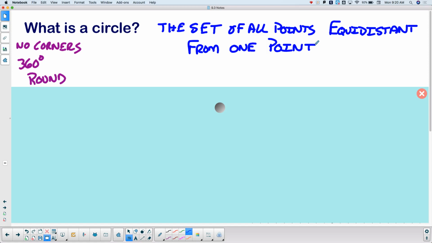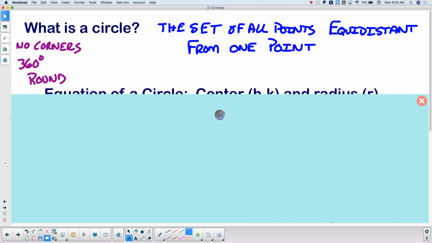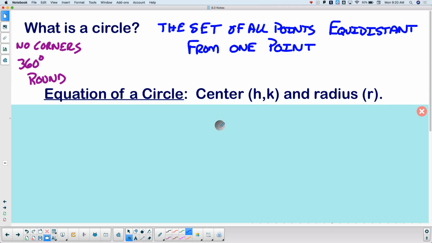Okay. So really, in a circle, there's only two things that you have to worry about. Those two things are the center and the radius. The center is going to be this one point, and the radius is going to be this equidistant value.